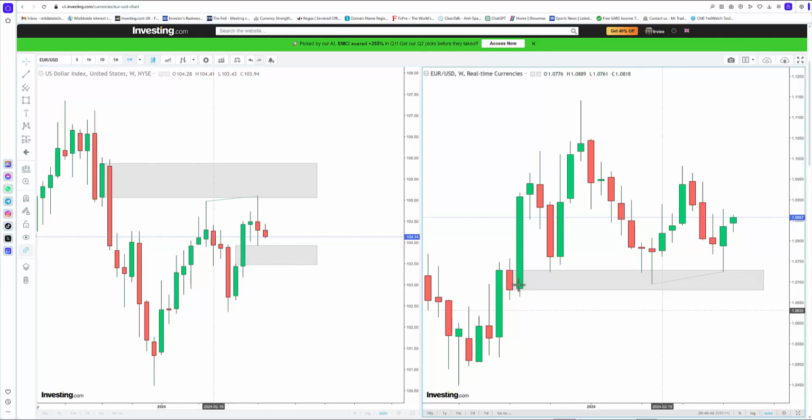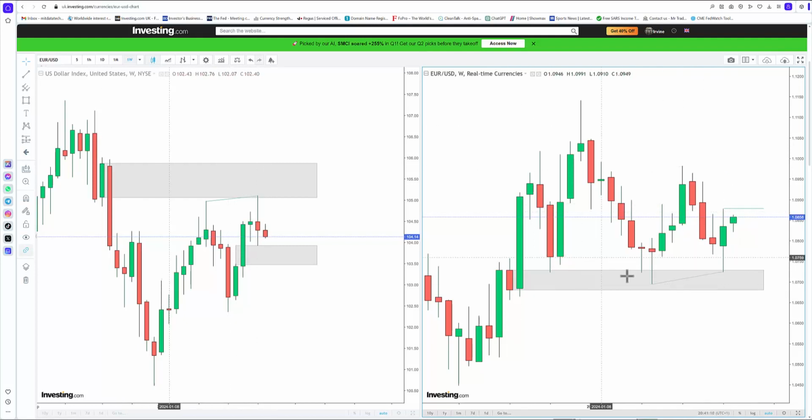Euro USD should trade above last week's high, right? Last week's high, that's your target on Euro USD. So you're anticipating Euro USD to target internal range liquidity of buy stops.